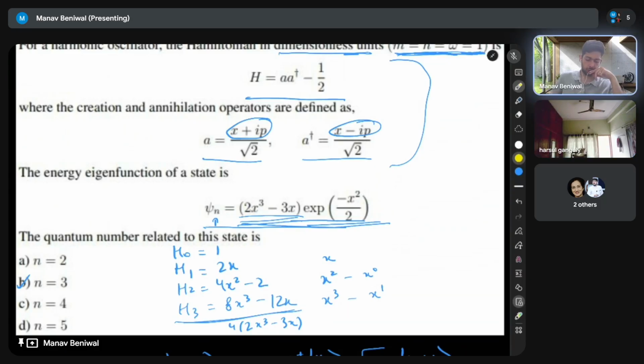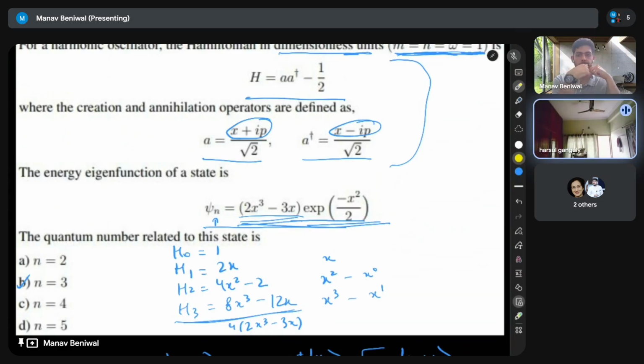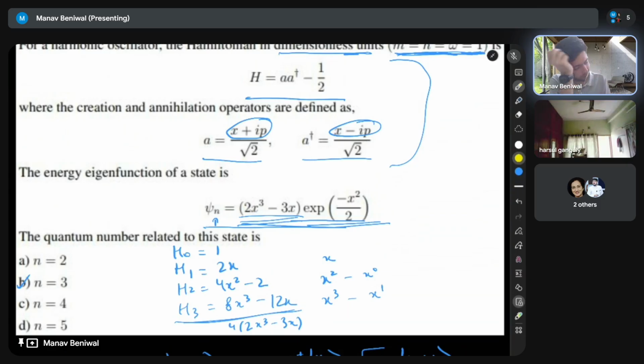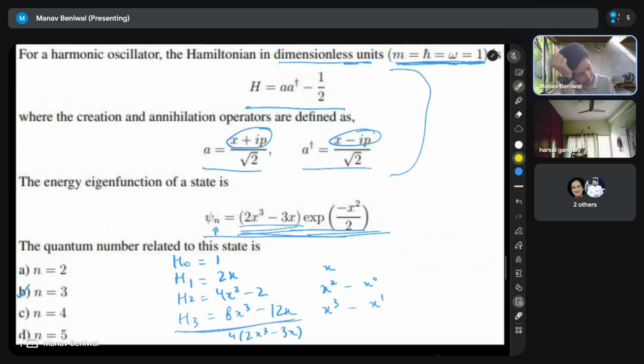Was it just a distraction? We are not used to seeing it in this form, right? Because here, as you said, we don't have any h cut or omega. So what is the Hamiltonian?